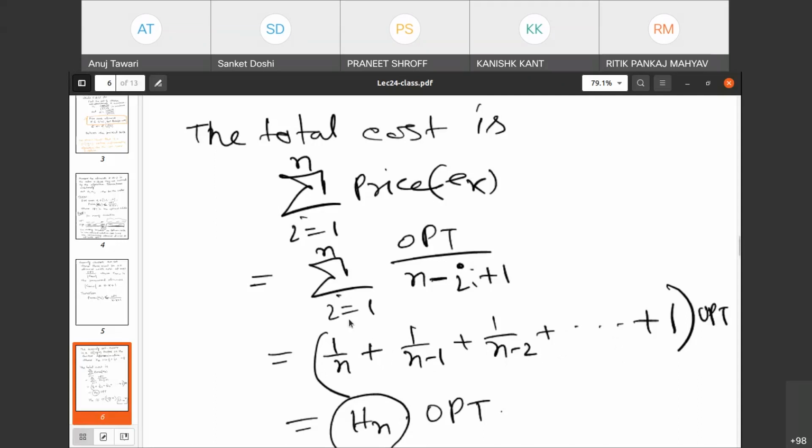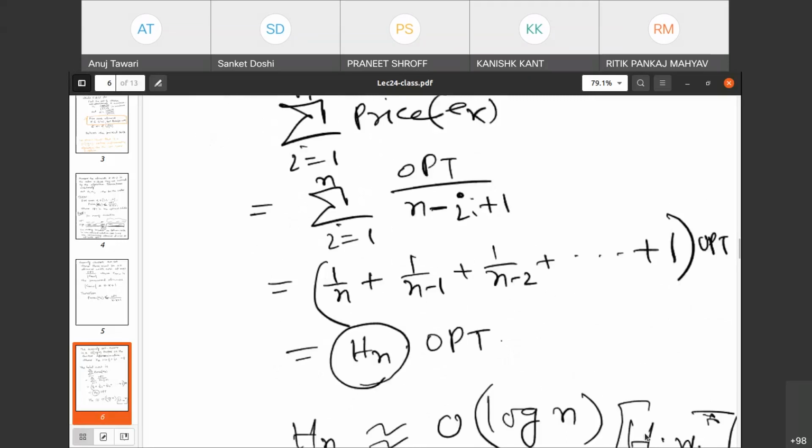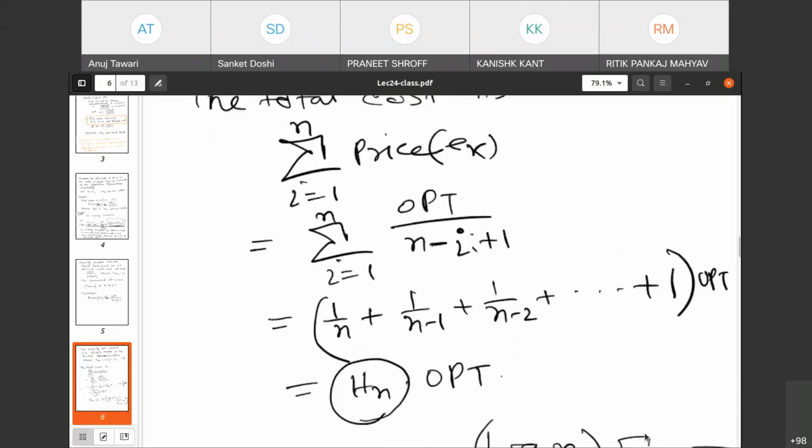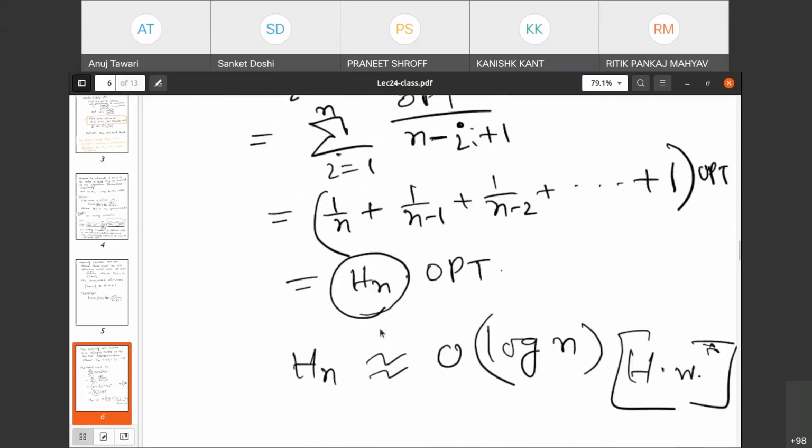So you just integrate 1 by x dx, right? That will give you an upper bound. And remember your calculus, 1 by x dx will just be log x, right? So the total sum will be upper bounded by log n times opt. So this Hn is approximately equal to O of log n.